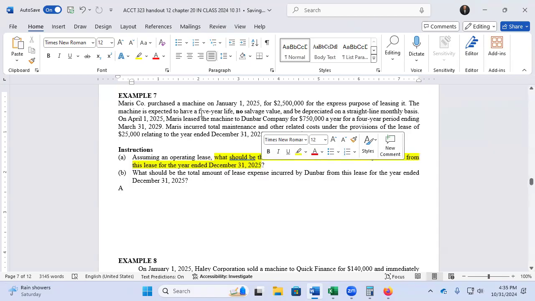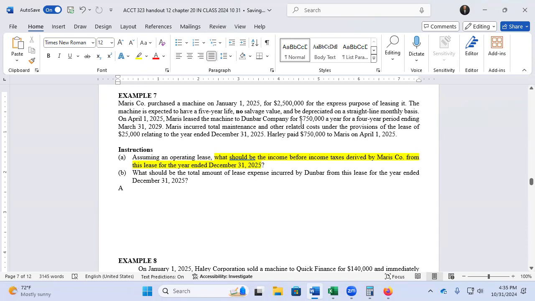So I always want to check the year. Purchase a machine on January 1, 2025 for $2.5 million for the express purpose of leasing it. So that helps us because we know that they should still have a year's worth of depreciation because they're using straight line, 5-year life, no salvage value.